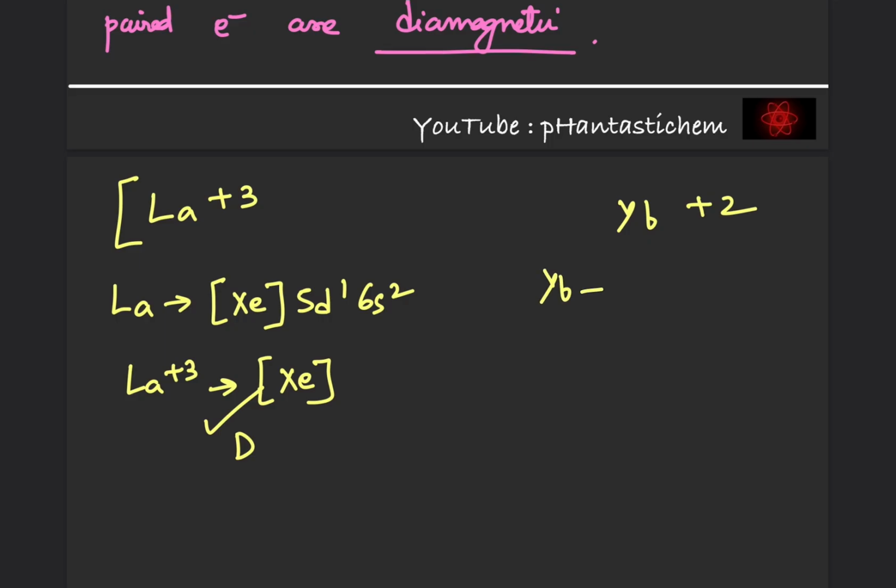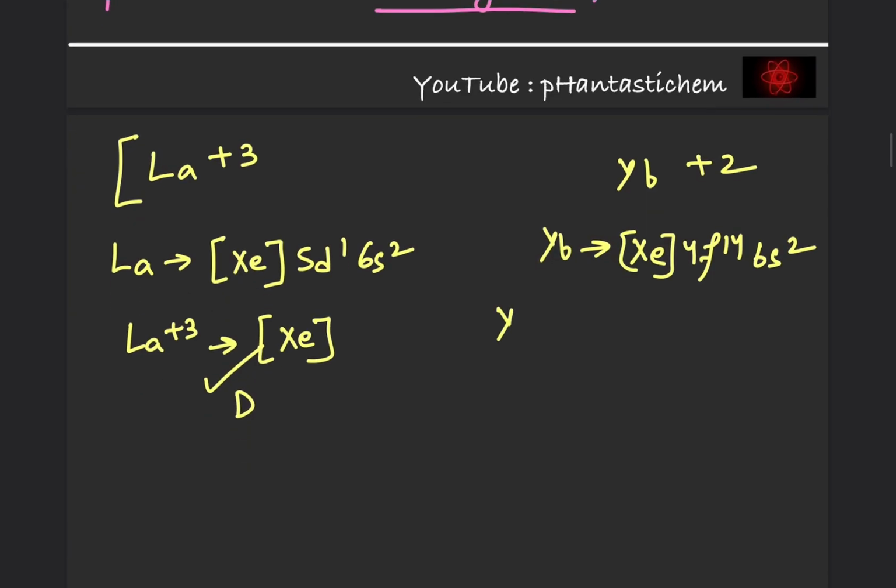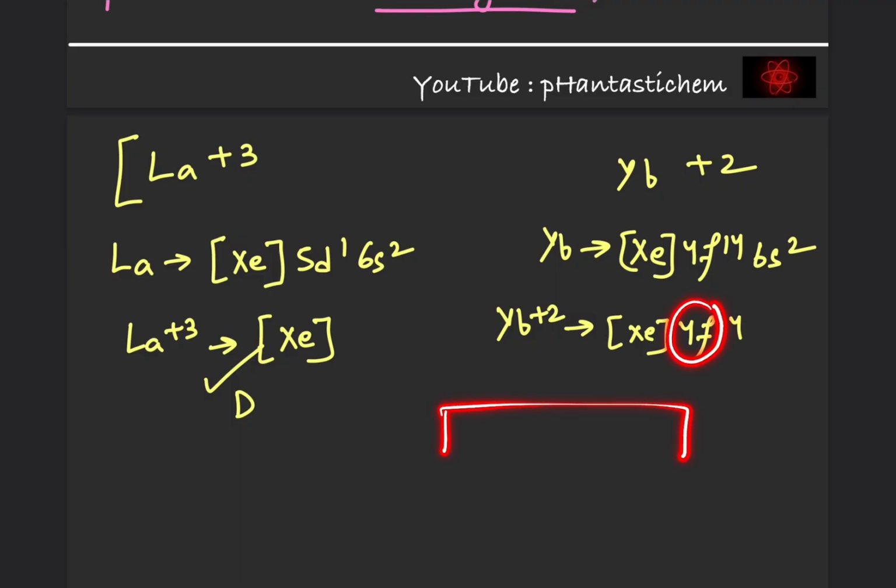The configuration of ytterbium is xenon 4f14 6s2. So therefore the configuration of ytterbium+2 will be xenon 4f14. And obviously all the electrons are paired in xenon, and 4f consists of 7 degenerate orbitals: 1 2 3 4 5 6 and 7.